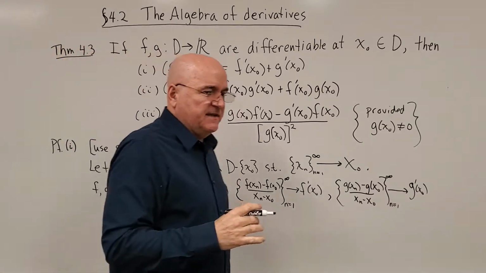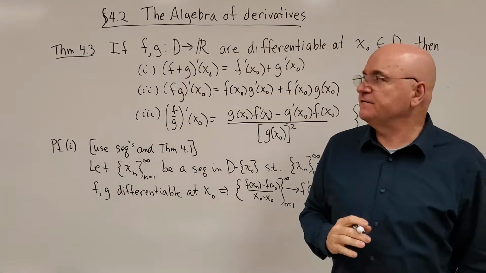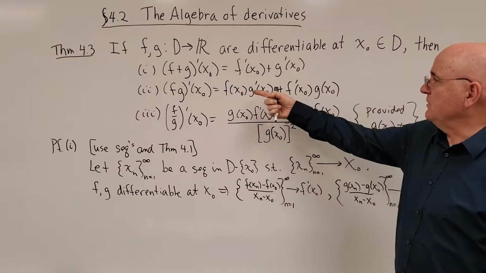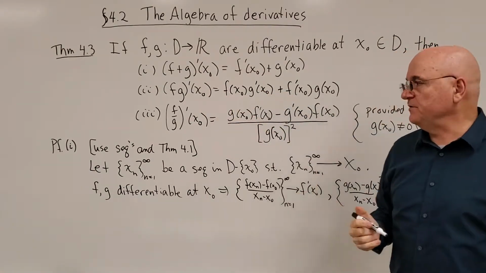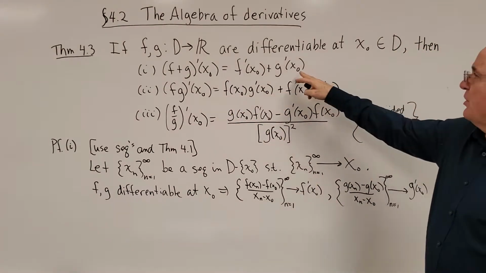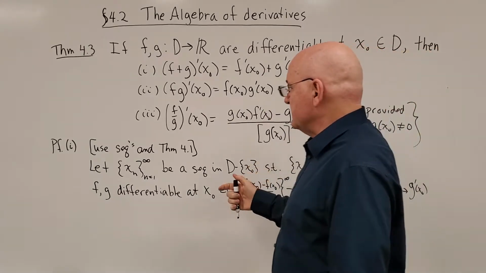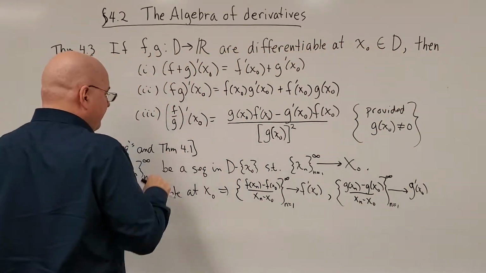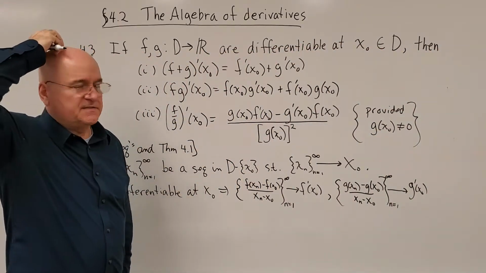Well, we'll just take a nice simple proof of part 1. You can look at the proof of 2 and 3 in the text if you like. In proving part 1, we're going to use sequences and theorem 4.1, which we talked about last time.